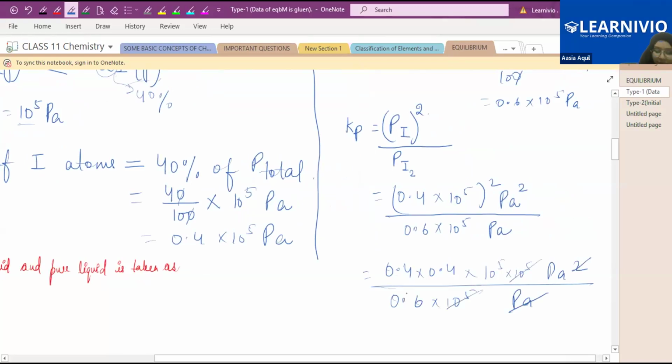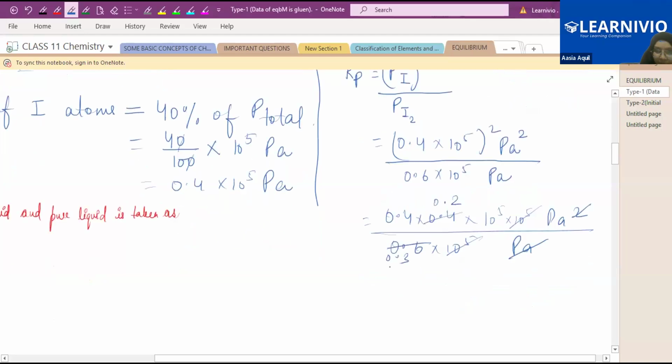Now let's just calculate using the 2 table. 2 2s are 4, and 2 3s are 6. So it will become 0.4 into 0.8. It will become 0.08.